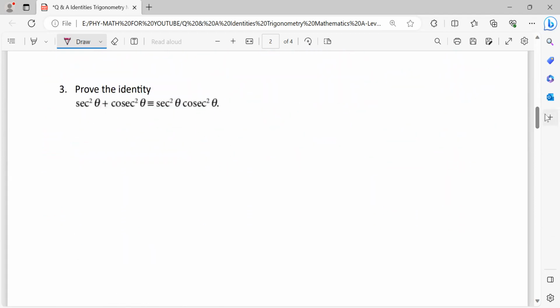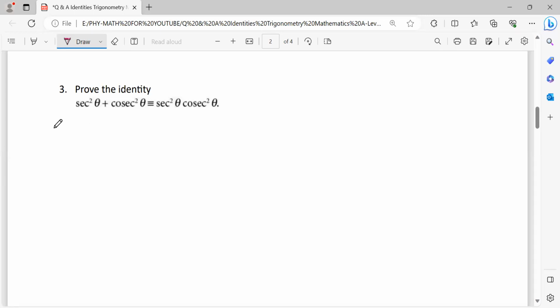Next, number three: prove the identity secant theta squared plus cosecant theta squared is equivalent to secant theta squared times cosecant theta squared.